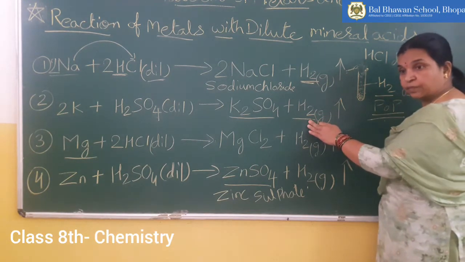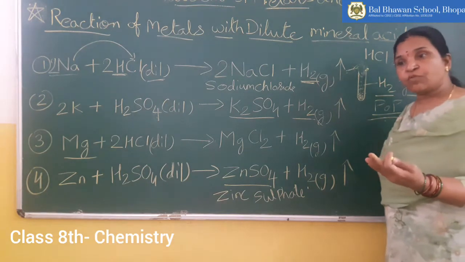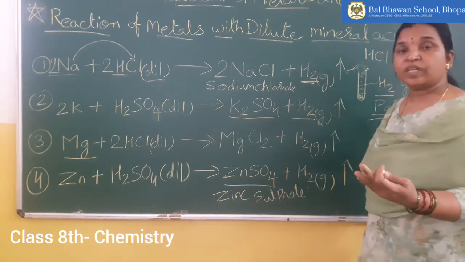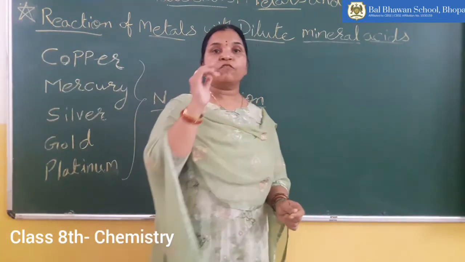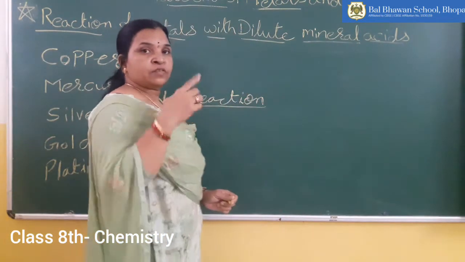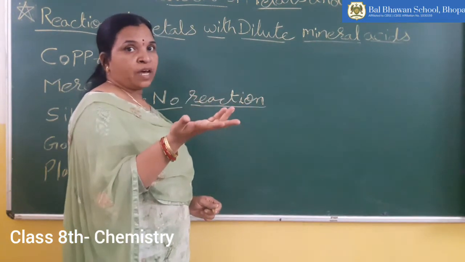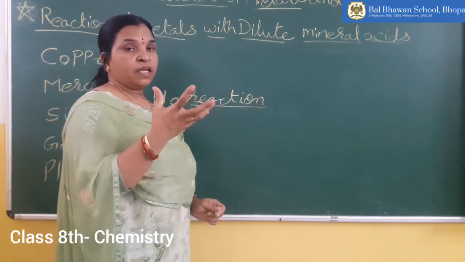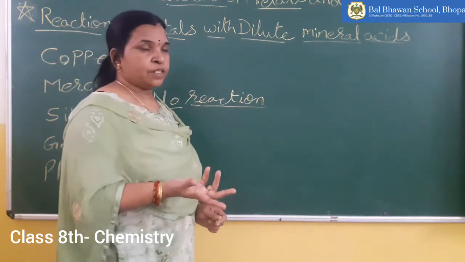Now, let us find out what is the case with the less reactive metal or least reactive metal. Just now we have seen that the metals which are highly reactive, they react with acid vigorously and they release hydrogen gas.